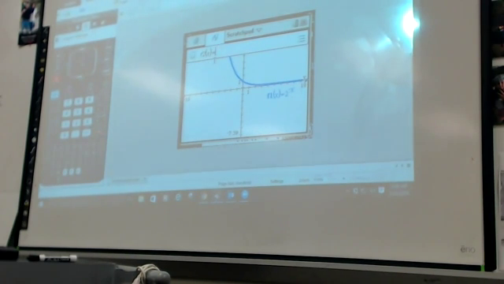And in F2 of x, you don't have to do this, but I just want to show you something. I'm going to put 1/2 to the x power. And what do you think is going to happen? It'll be right on top of it. There it is. Okay, because they're the same.